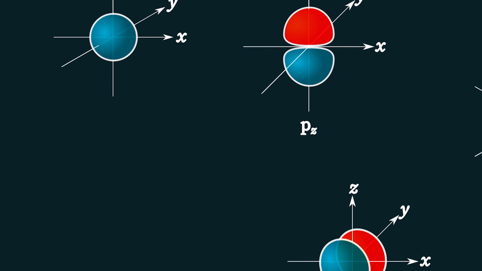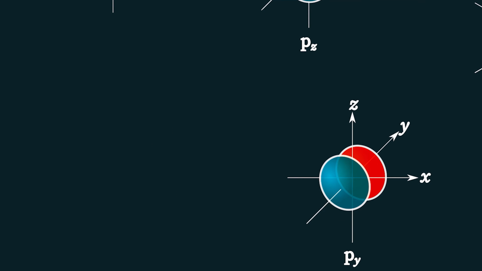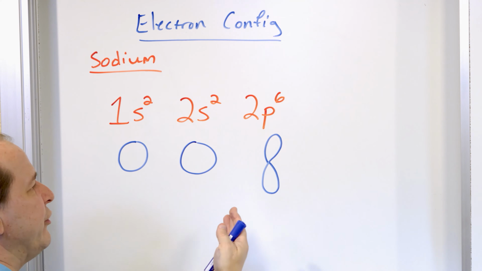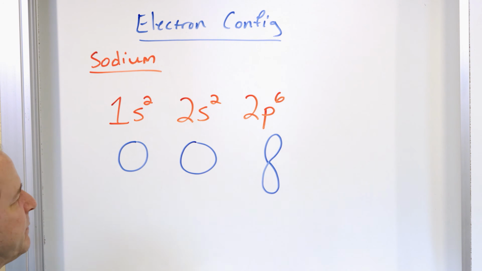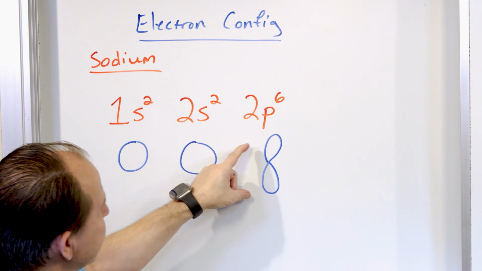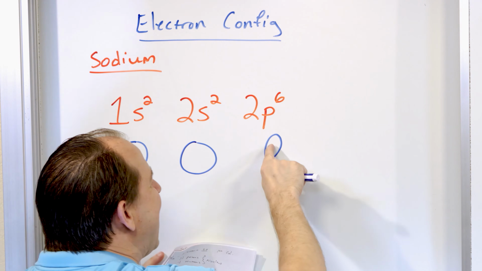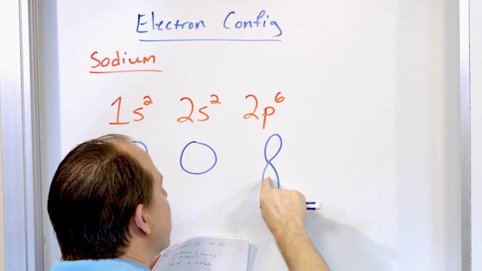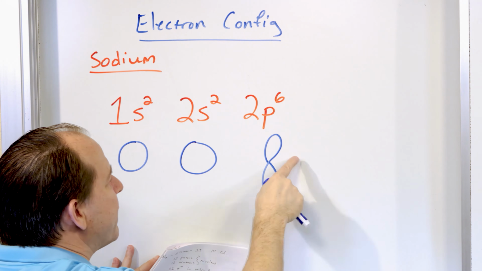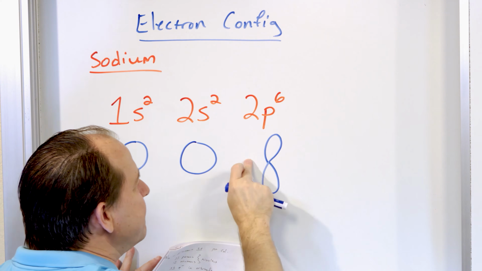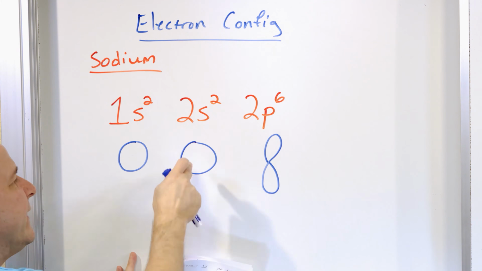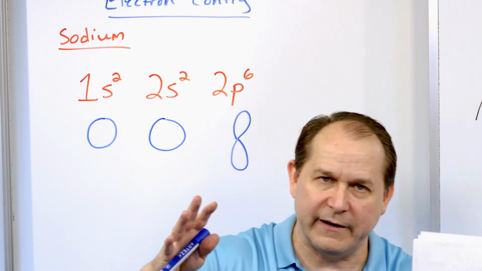So each of the p states, up, down, left, right, and into and out of, can hold 2: 2, 4, 6. It can hold a total of 6, but I'm only drawing one of them here. But notice the shape is different. That means there's maximal probability of the electron being somewhere in here, but almost no probability of electrons in this state being to the left or to the right, whereas this was more of a spherical distribution there, okay?